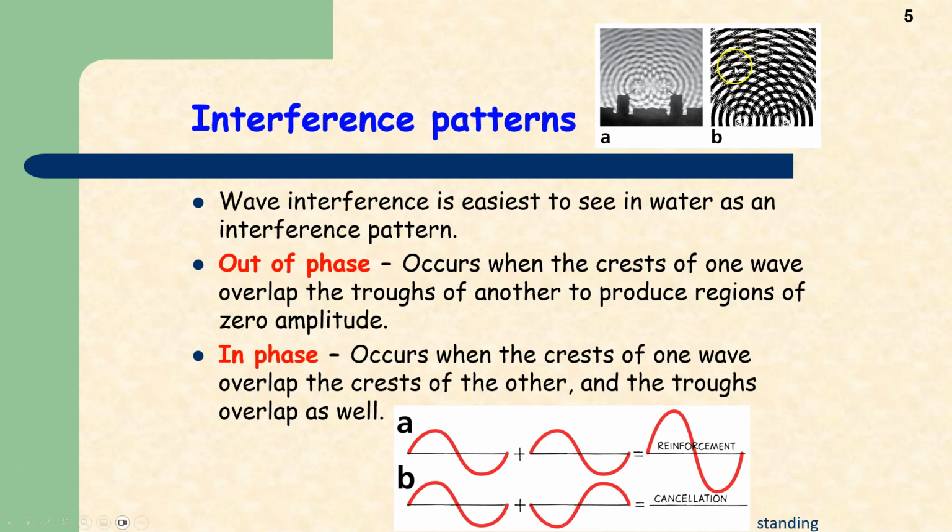We have high points and low points, and the high points correspond to constructive interference, and low points correspond to destructive interference. The areas of destructive interference are also called out of phase, and the areas of constructive interference are called in phase, meaning crest meets crest, and you end up with reinforcement.